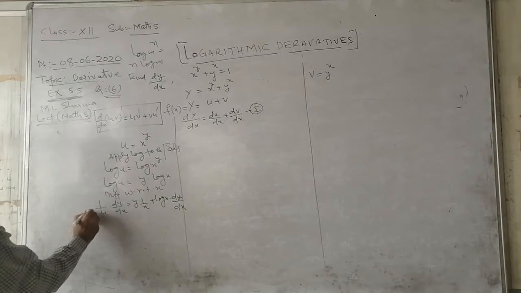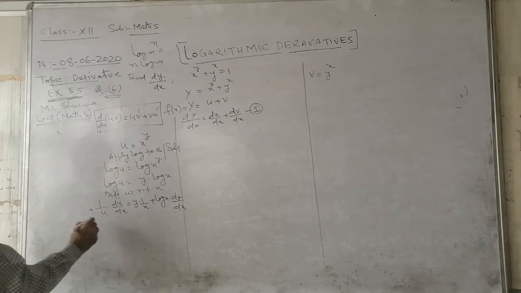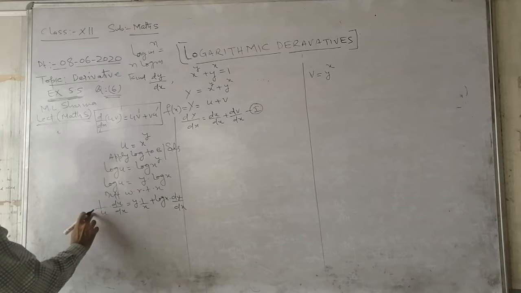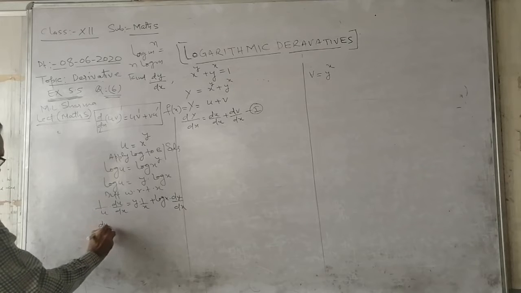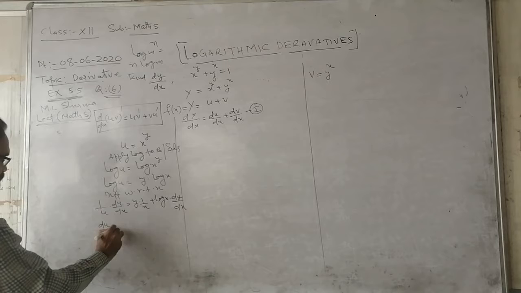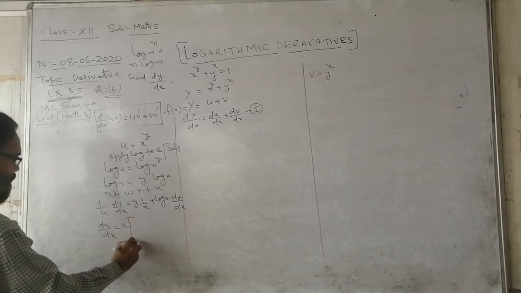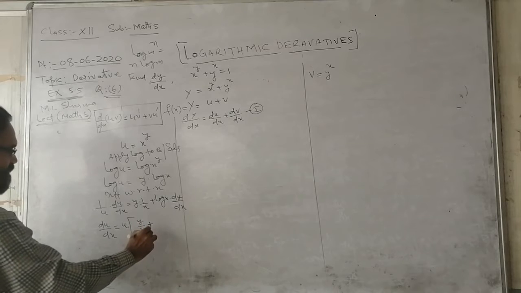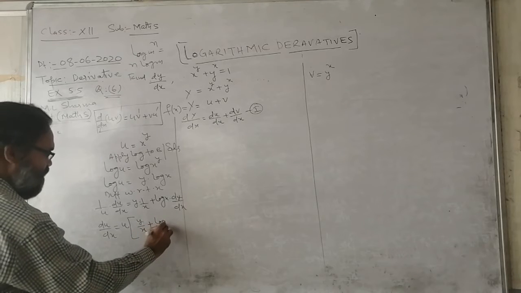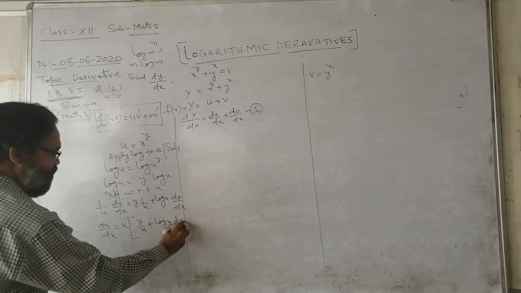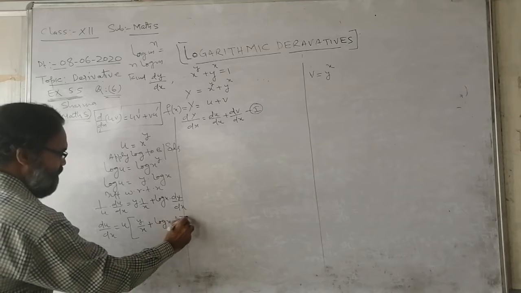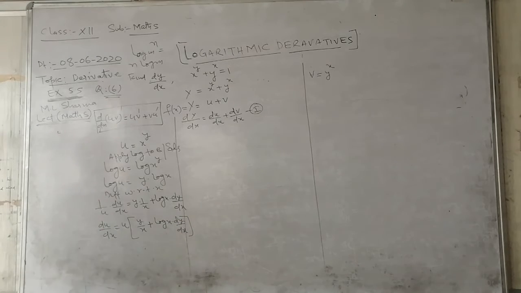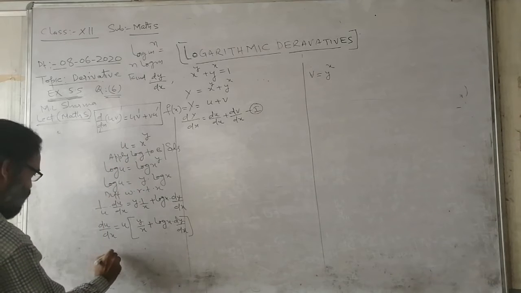So I can write this as du upon dx equals u times y upon x plus log of x into dy upon dx. So I can put the value of u, and the value of u is x raised to power y.